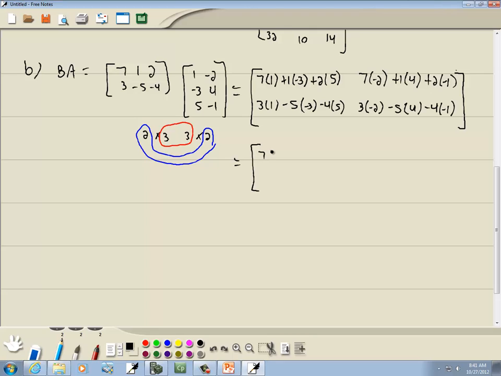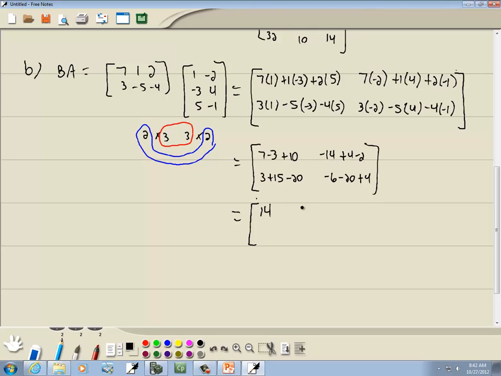I got 7 minus 3 plus 10. Negative 14 plus 4 minus 2. 3 plus 15 minus 20. Negative 6 minus 20 plus 4. 7 minus 3 is 4, plus 10 is 14.